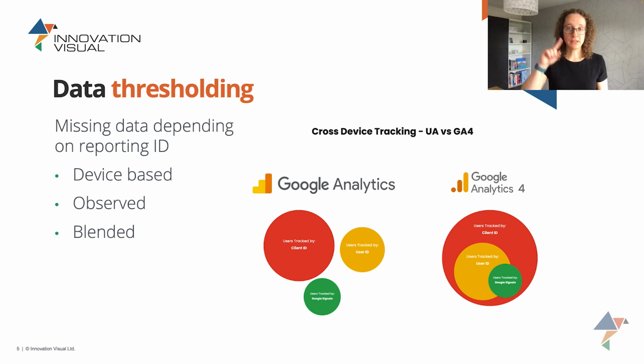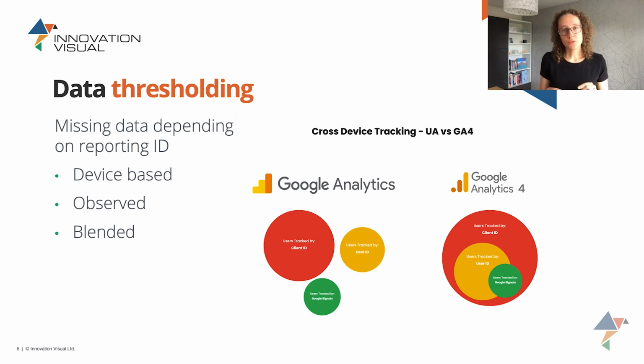So you'll have a little triangle that tells you that the data has a threshold, and so you might not be able to see all your data. This can be annoying because you might see that you had 10 conversions when you look at one report, and then when you look at another one, you've lost 2, for example, because the data is being reviewed and you can't see everything.